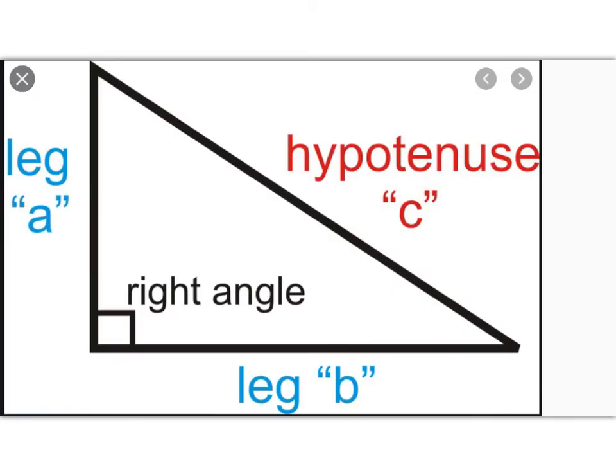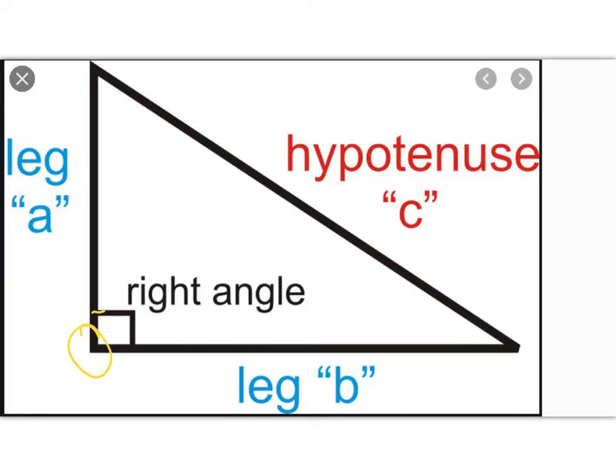All right, so here are the parts of a triangle. So leg A is sometimes called the altitude, sometimes called the height, and sometimes called other things, but we'll just say leg A, and then leg B will be the base, or the part on the floor. The altitude and the base intersect at right angles, so right here.